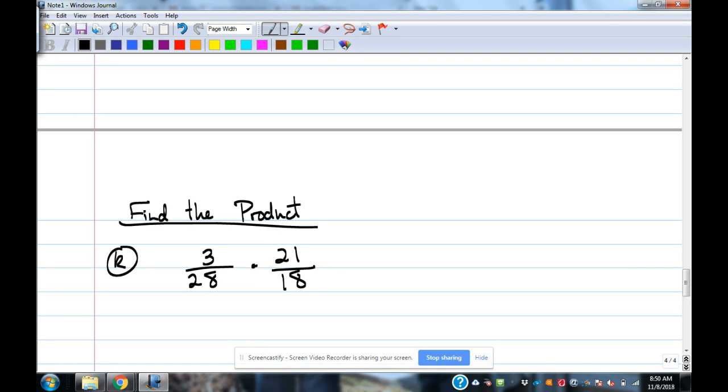What were the rules of ways that you could cancel and multiply fractions? The first rule you learned was you multiply straight across. 3 times 21 and 28 times 18.